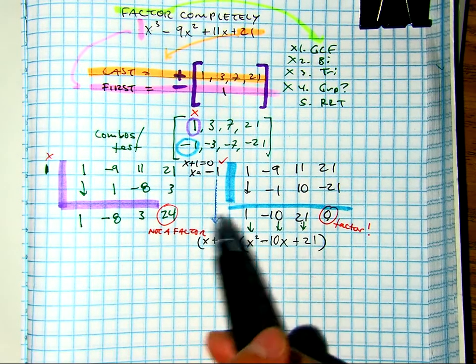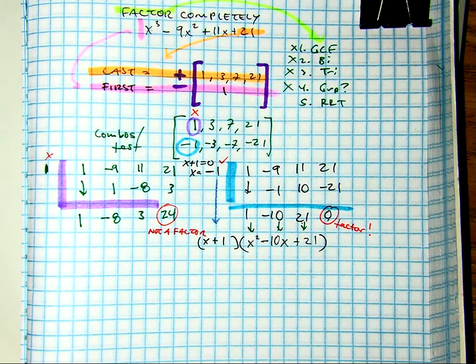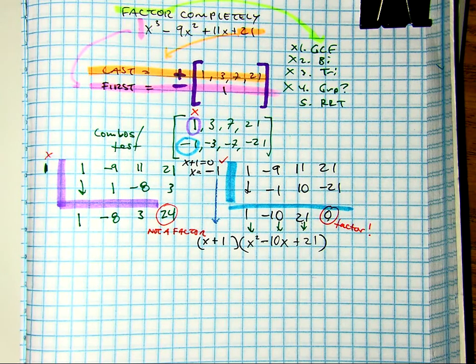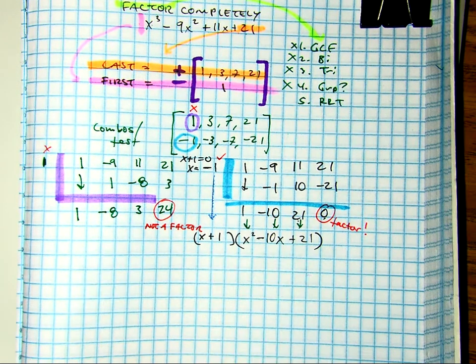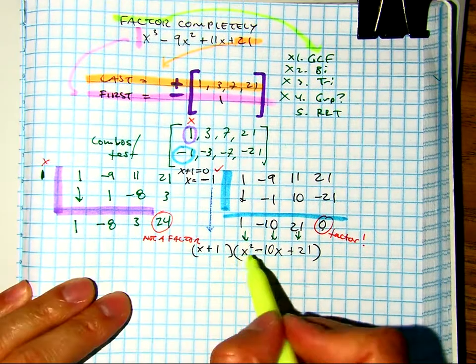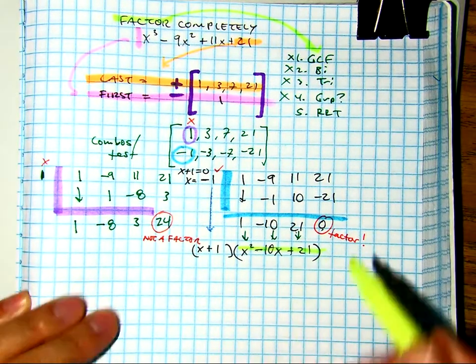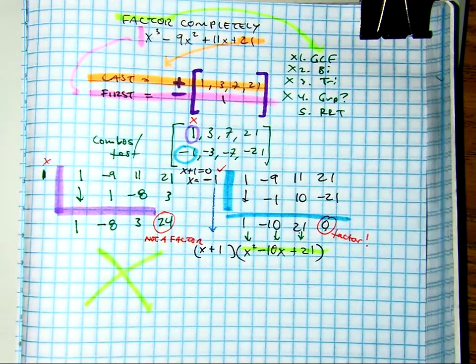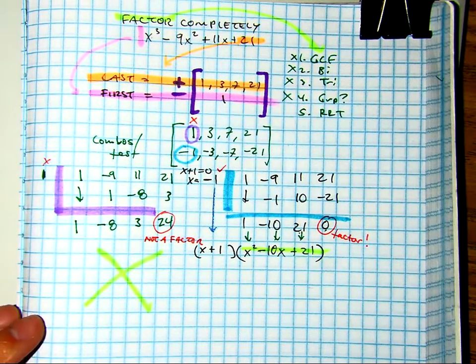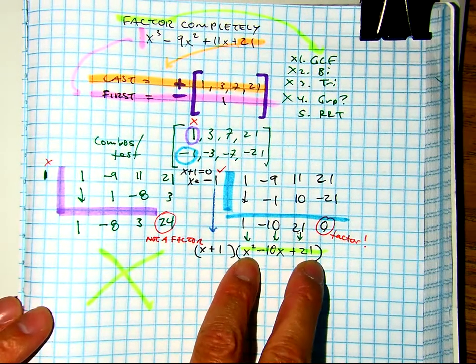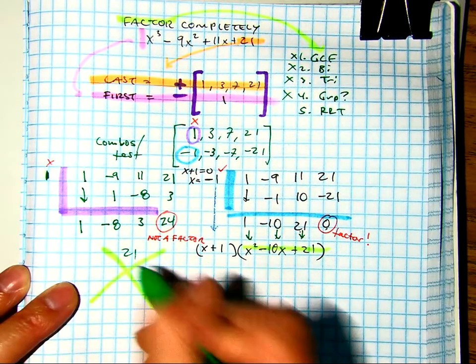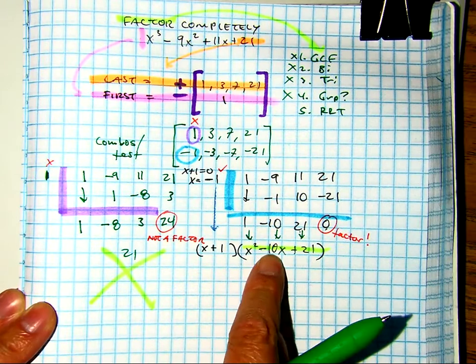Okay. Not done yet. Ask me to factor completely. I'm going to have to factor this one. A times C. B value. -10. Partner B tell partner A, two numbers that multiply to be 21 but add to be -10. Ready, set, go.